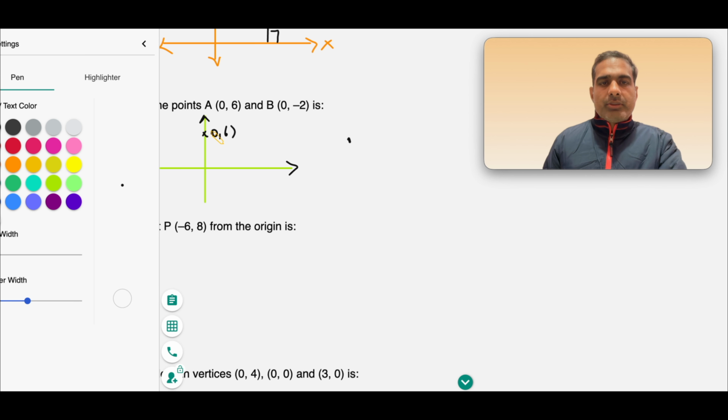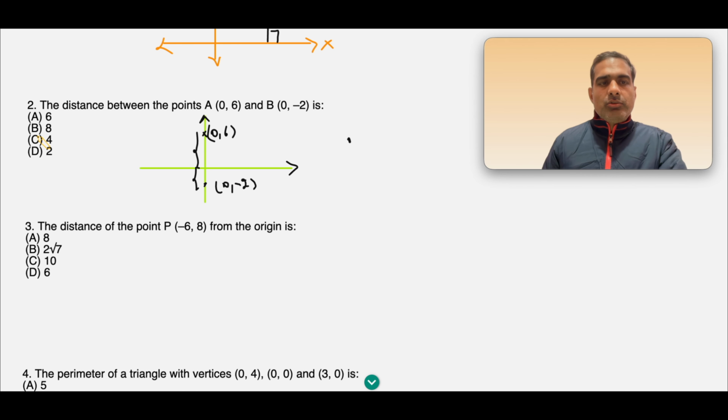So this is (0, 6) and (0, -2) lies 2 units below the origin, so (0, -2) will lie here. This point is 6 units above the origin and this point is 2 units below the origin, so the total distance between them should be 8 units. If we use our brain, we can solve this question without using the pen. It will save our time and energy also. So 6 plus 2, 8 units is the distance between (0, 6) and (0, -2).